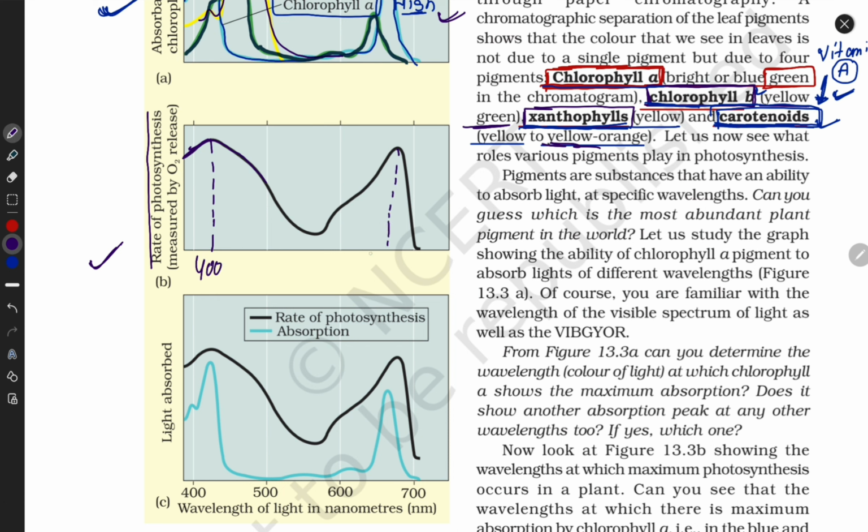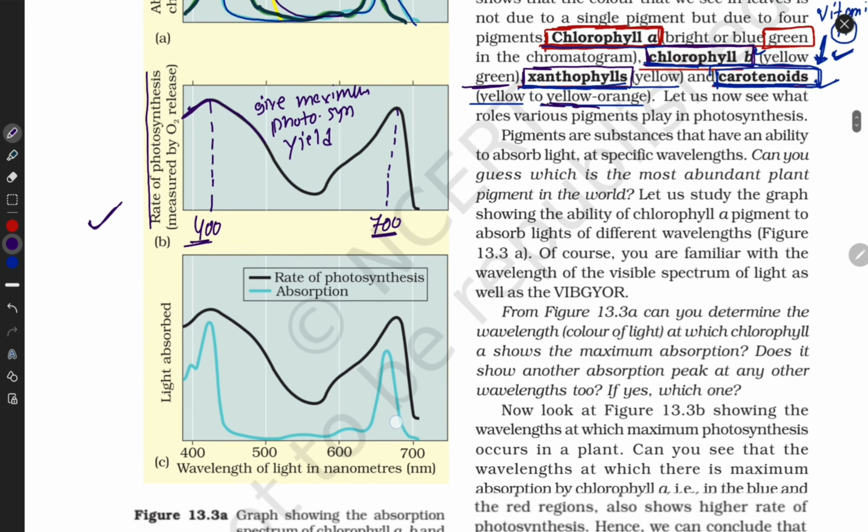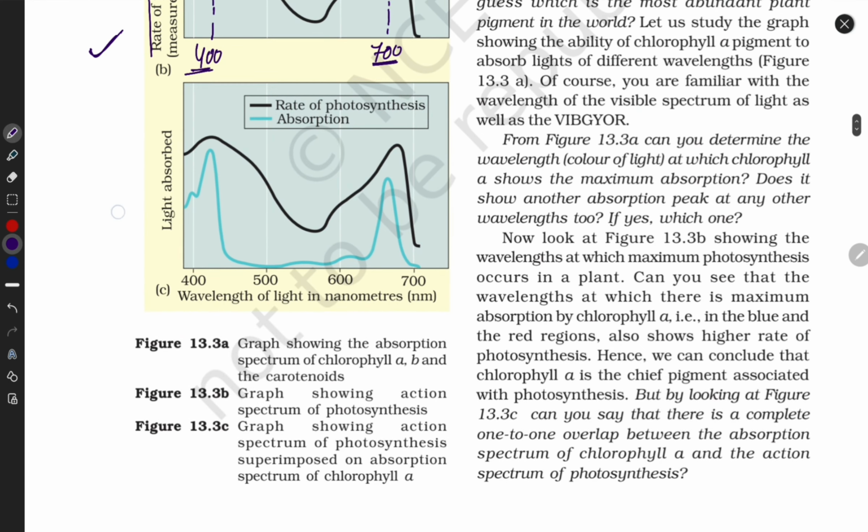Here to here, they show maximum photosynthetic yield. Here is the aggregation of both light absorption and the wavelength.